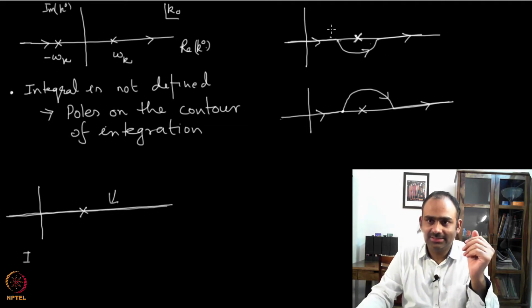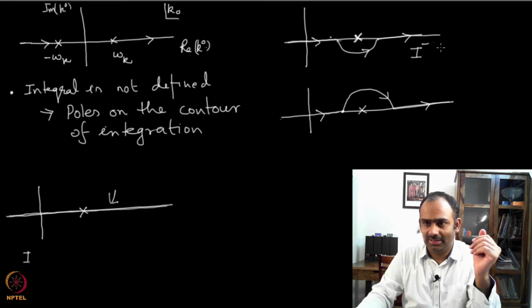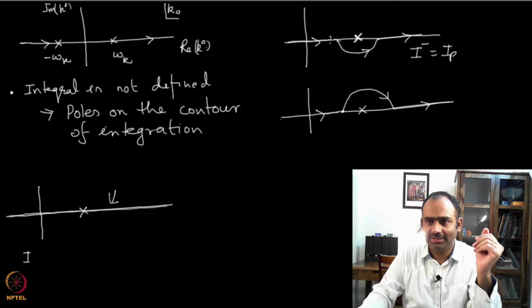This is not this one, this is different. This integral I call I minus, equal to I p. I p is from minus infinity to here and then here to infinity, plus the integral over gamma, and this semicircle I am calling gamma.